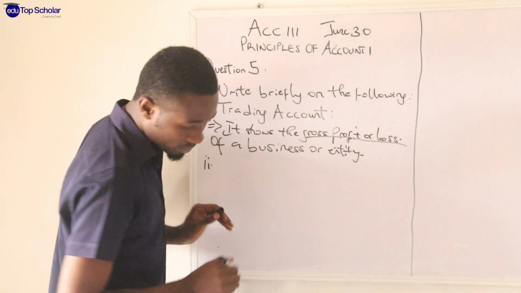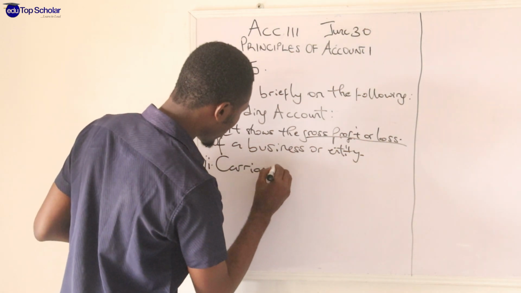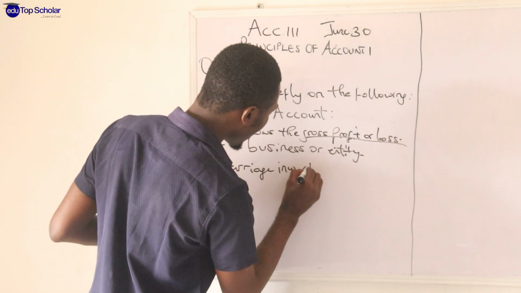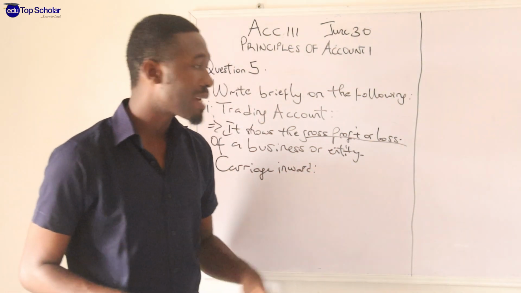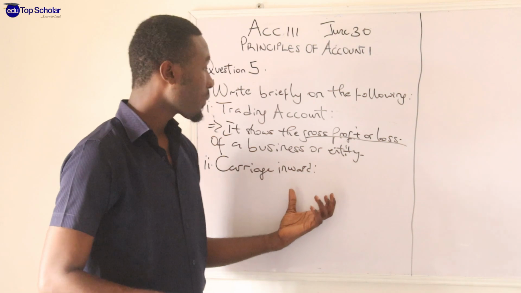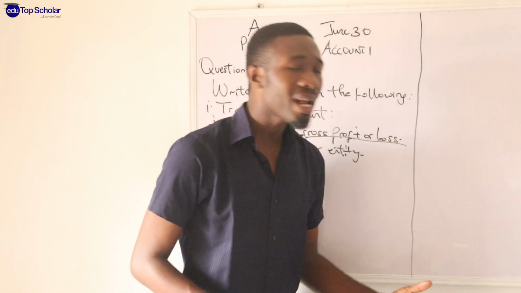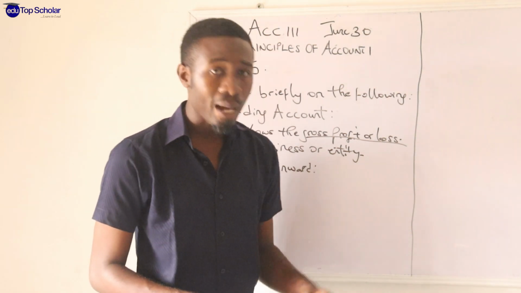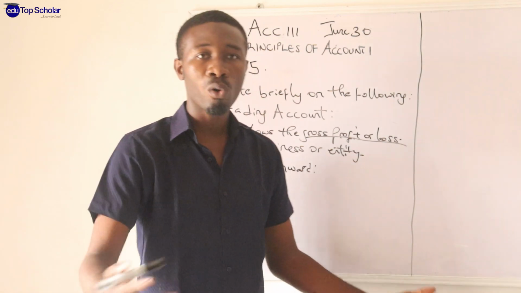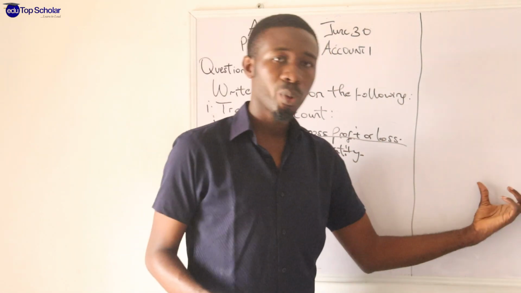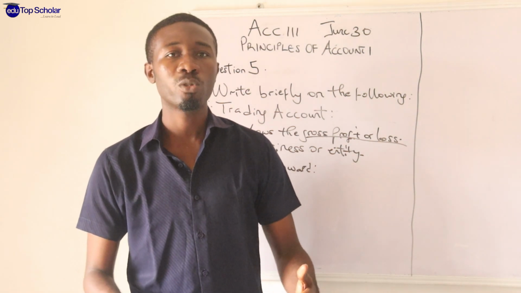So the next one is carriage inward. You are asked to briefly discuss what carriage inward means. Just as the name implies, they are expenses that you incur on bringing in goods, whether goods or raw materials. They are part of the expenses that you incur in making sure that the entity runs. For instance, you are a production company and you make use of rubber.